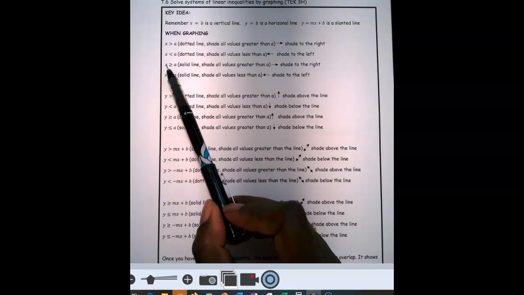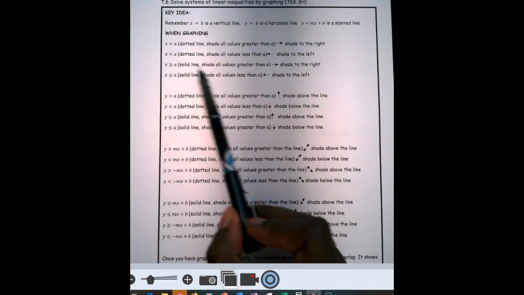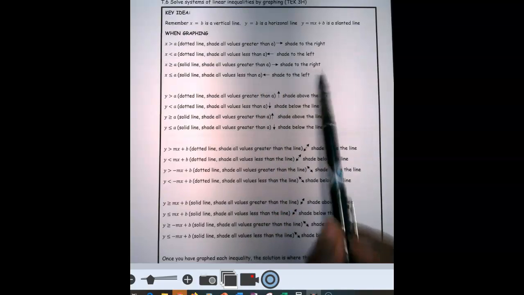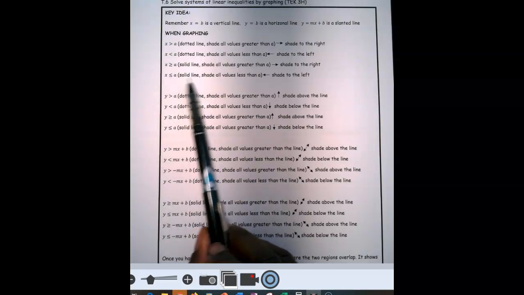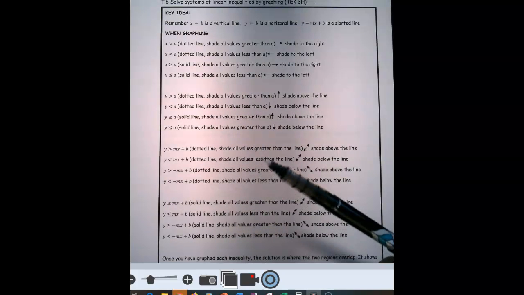If you have x is greater than or equal to a value, you're going to draw a solid line, and you're going to shade all the values greater than a. So you're going to shade to the right of that line. If it's less than or equal to, then you're going to have a solid line, and you're going to shade all the values to the left of that line.